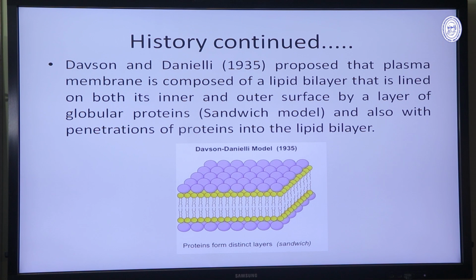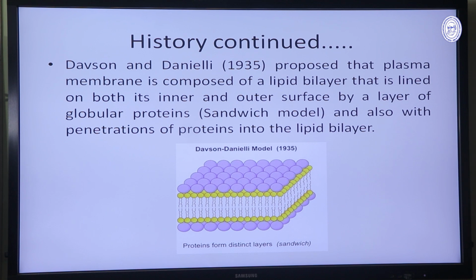But Gorter and Grendel's experiments show that the surface tension of RBC is somewhat different if the total surface is made up of lipids. So, they depicted that maybe there are some other components. Davson and Danielli in 1935 proposed that along with the lipid bilayer, there is a layer of protein on both the inner and the outer surface of a membrane.